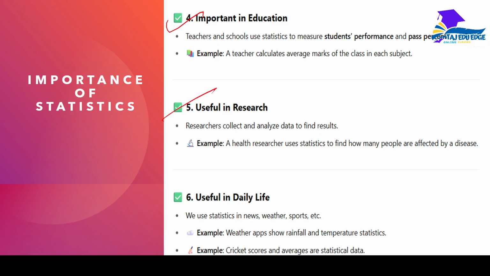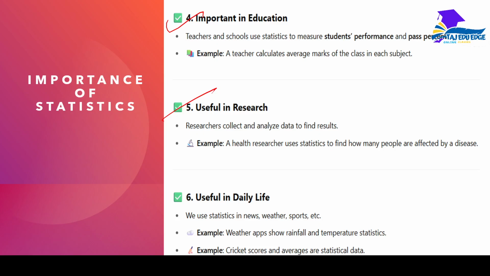Next, useful in research. A researcher collects and analyzes the data to find the results. Research means anybody. For example, see, during COVID, there were n number of people who were suffering from COVID-19 fever and the symptoms, no? Now, the government started collecting the data about that with the help of researchers. Researchers will find how many cases in the hospitals are being admitted, how many discharged, how many deaths.